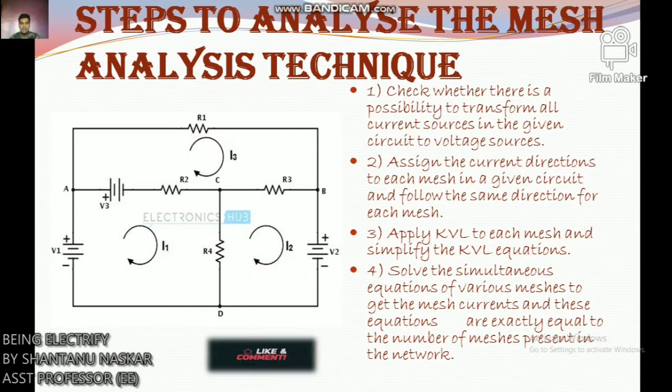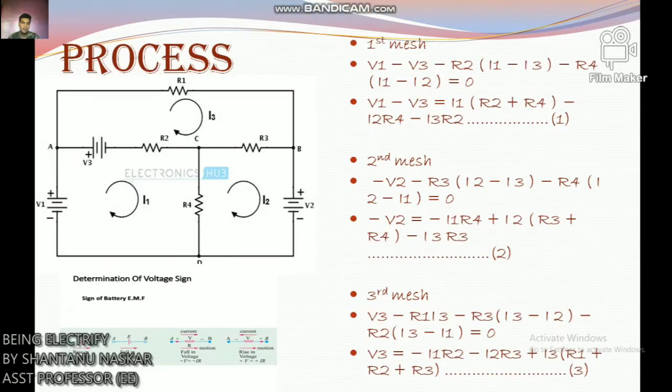Secondly, for each mesh we have to apply KVL. Now go through this picture and remember the 4 rules which I have mentioned in my previous lecture. You have to remember this to calculate those meshes.